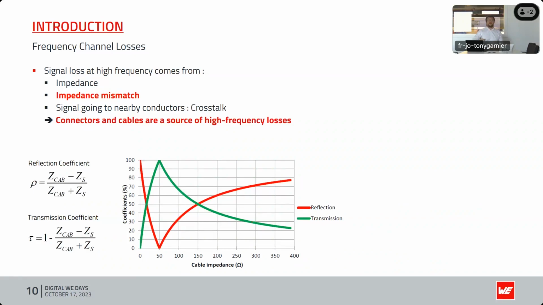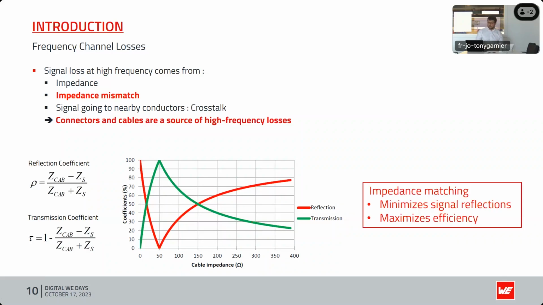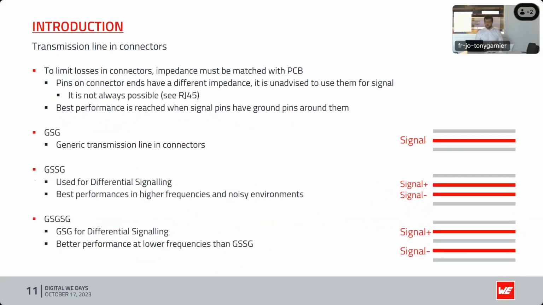As you can see on the graph below, if we have an impedance of 50 for the whole system, and then one connector or one cable has a different impedance, we will have a massive reflection. The best transmission is achieved when all the components on the system have the same impedance. So impedance matching minimizes reflection, maximizes efficiency, and that's something that we have to check as manufacturers, but also you as designers.